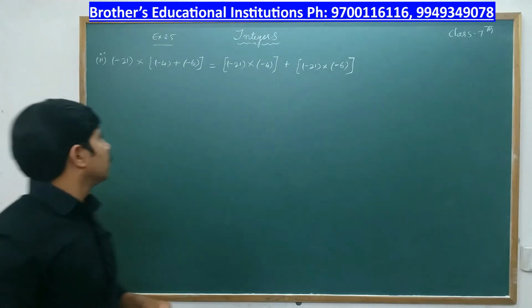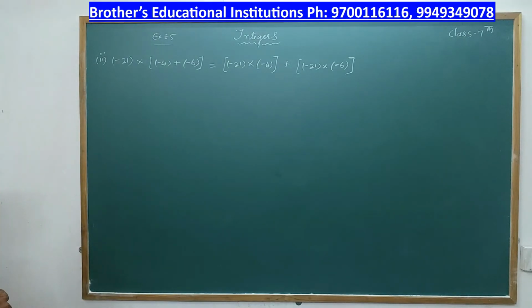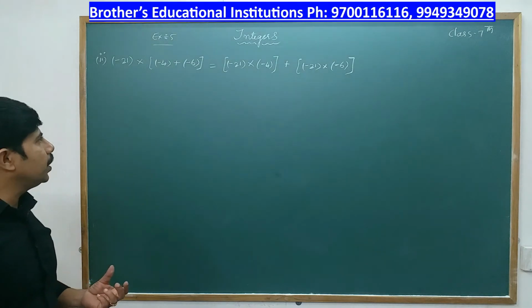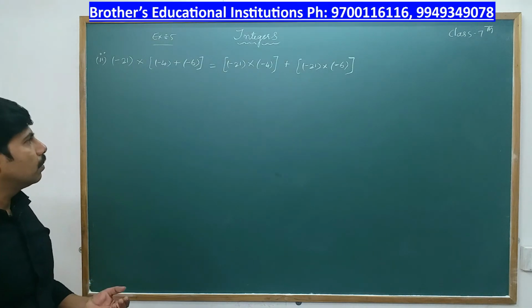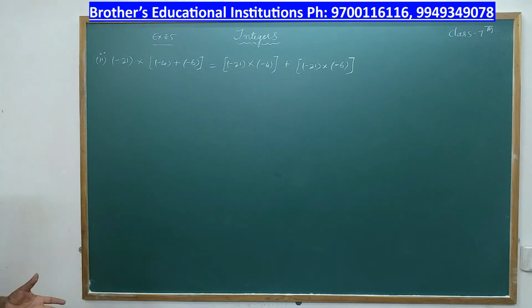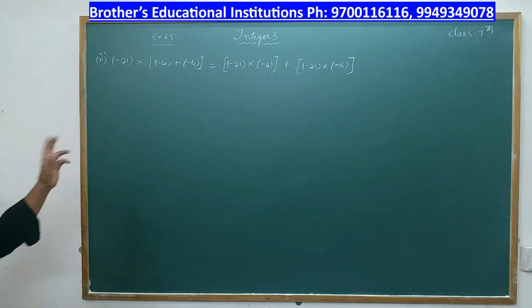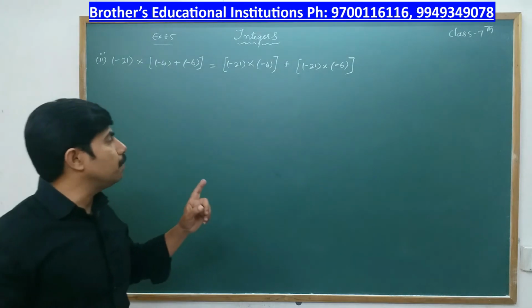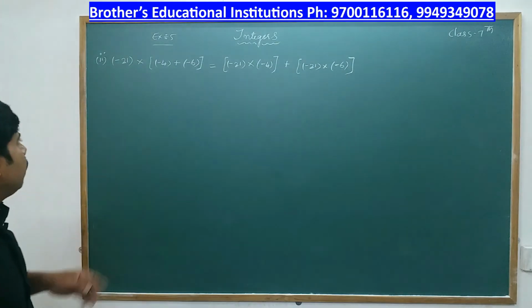Second problem, minus 21 into (minus 4 plus of minus 6) is equal to minus 21 into minus 4 plus of minus 21 into minus 6. So this is also clearly a distributive property, that is A into (B plus C) is equal to A into B plus A into C. So we'll verify this.